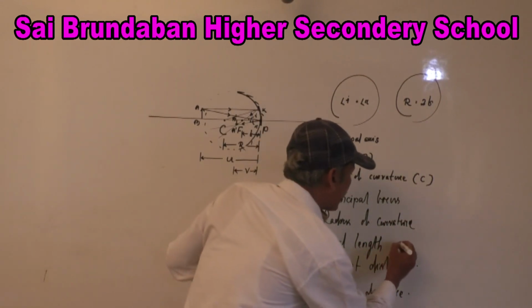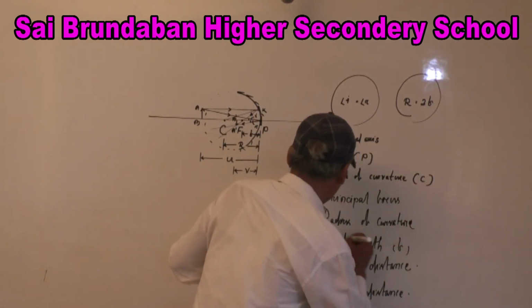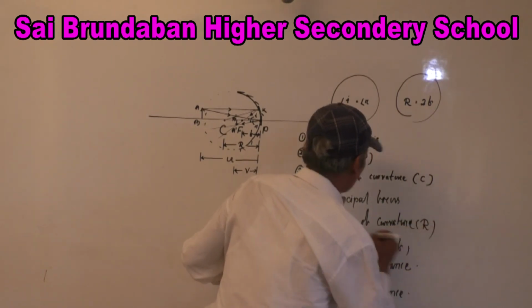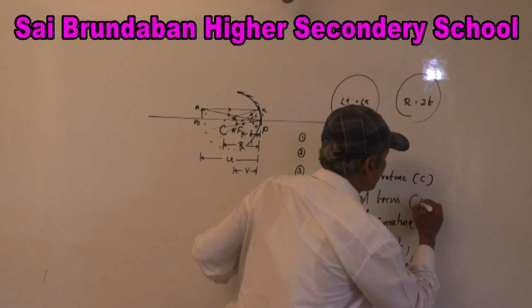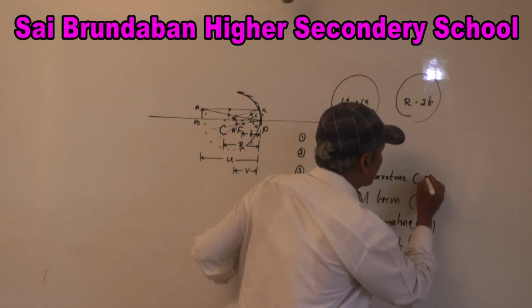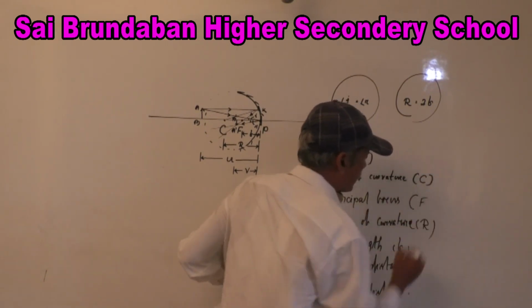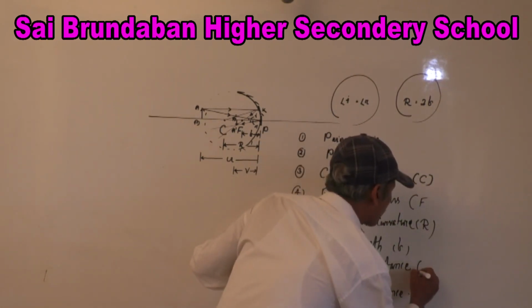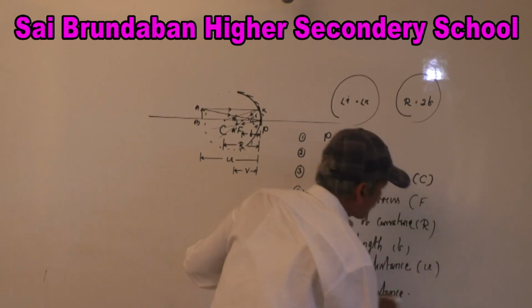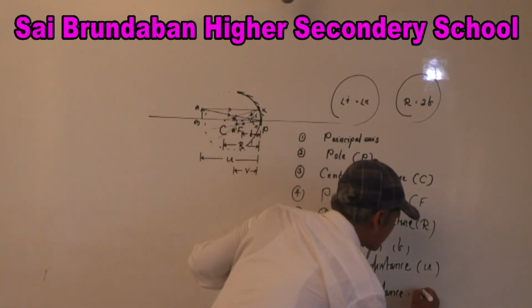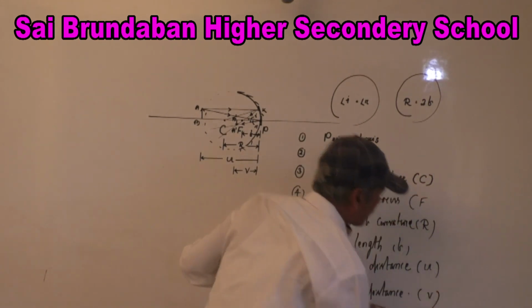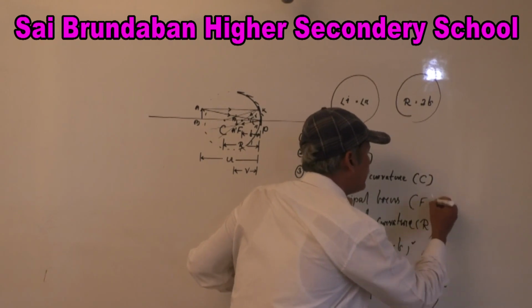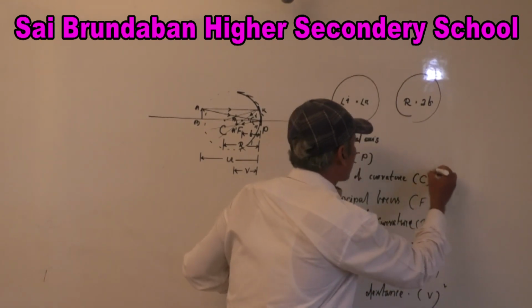Focal length is F, radius of curvature is R, principal focus is F. Always use capital letters for these. But object distance u and image distance v are small letters.